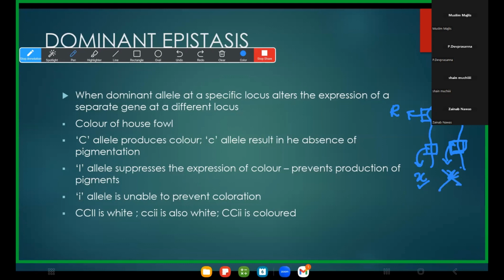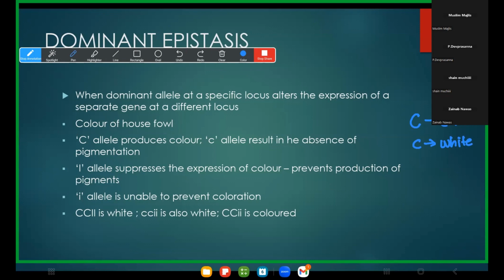This can be observed in the plumage color of housefowls. Housefowls have an allele considered to be capital C, which is responsible for the colored pigment, and simple C would be white color.